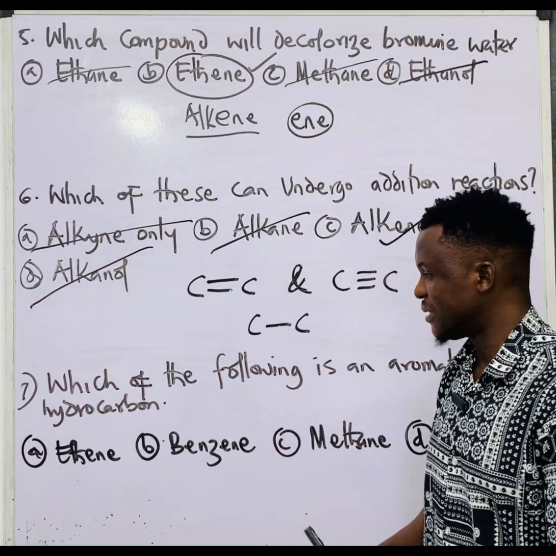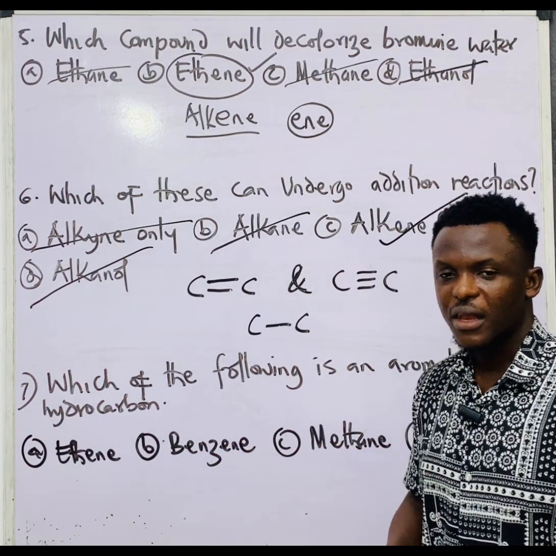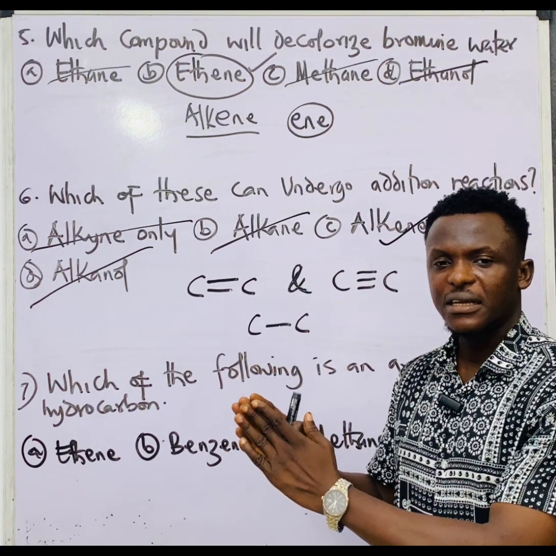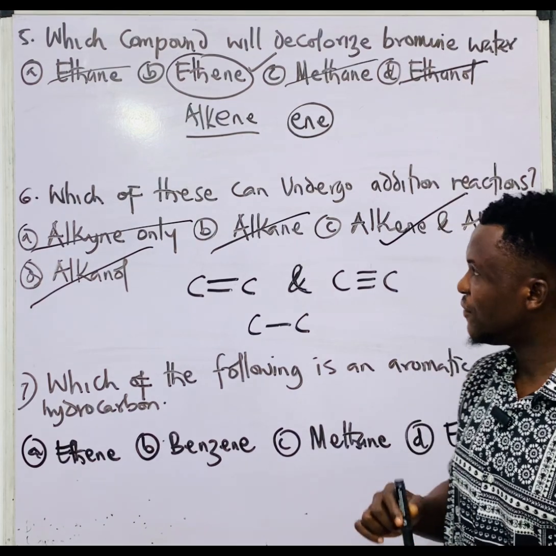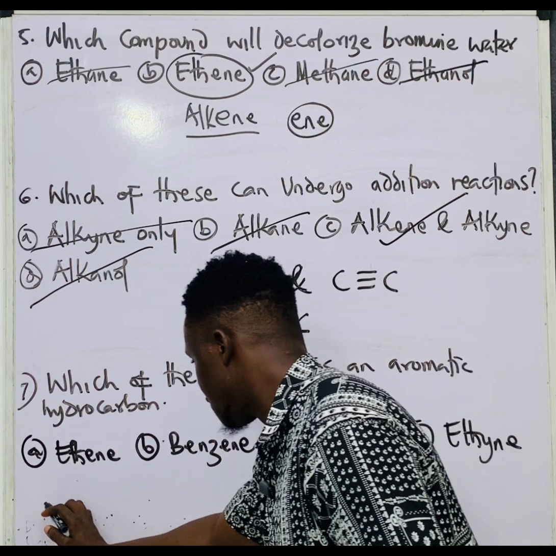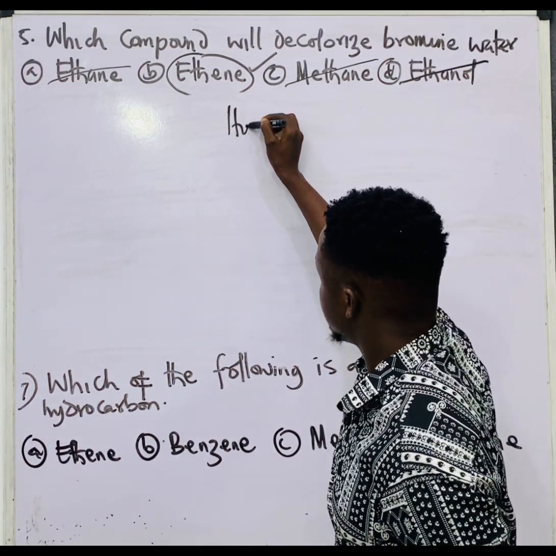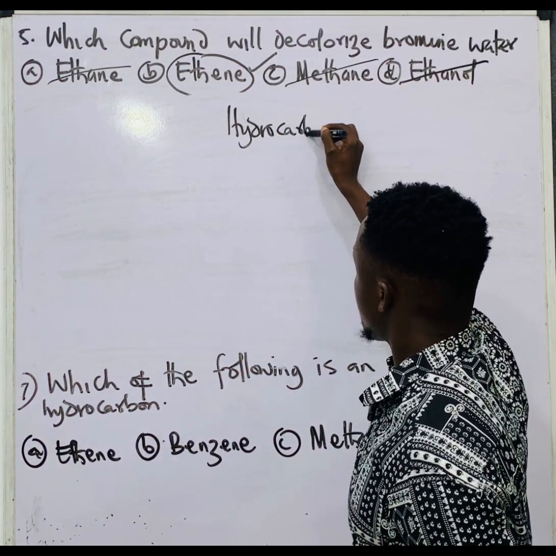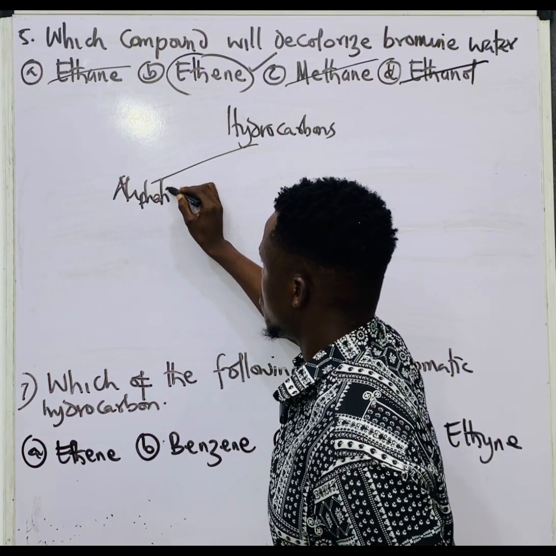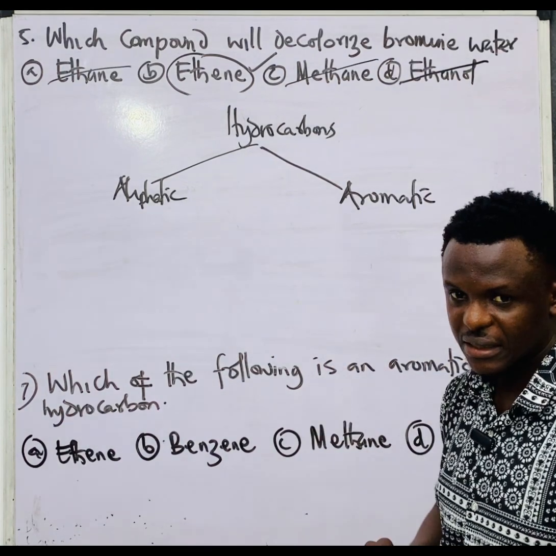We have another question here that says, which of the following is an aromatic hydrocarbon? Now, hydrocarbons are classified or divided into two. We have the aliphatic and we have the aromatic. The aliphatic hydrocarbons comprise alkanes.